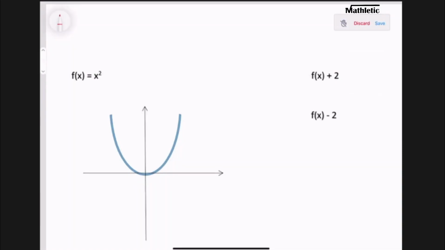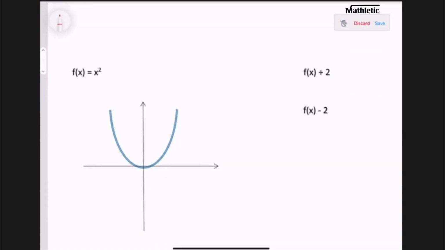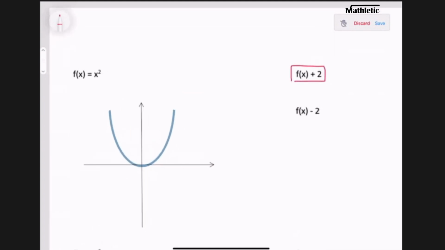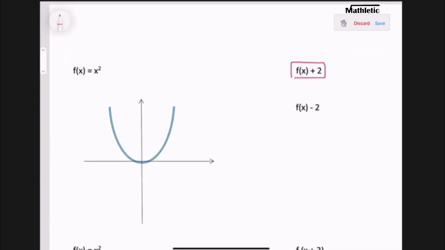For this quadratic equation, y equals x squared, if we need to sketch f of x plus 2, f of x means the y coordinate, right? So y plus 2 means you need to add 2 to all the y coordinates. So this 0 point will move to a higher level, shifted to 2. The point which was originally at 2 will be shifted to 4, and the point originally at 4 will be shifted to 6, right?